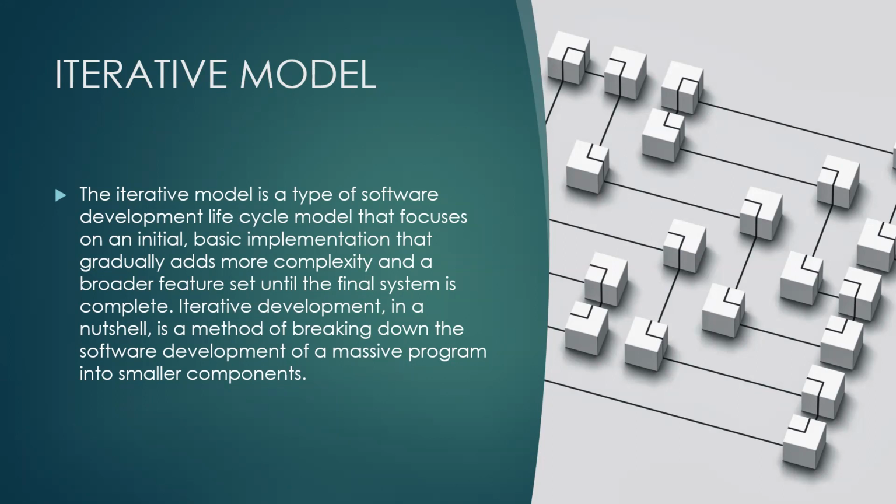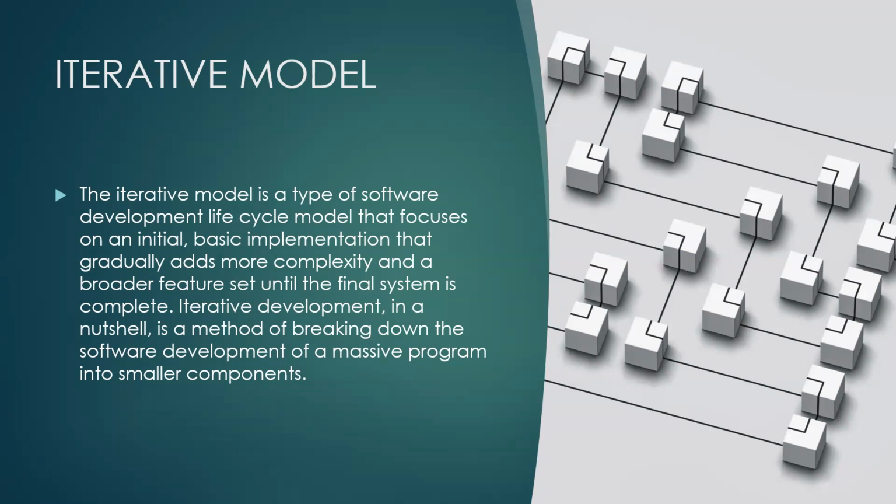In the iterative model, it is basically used for large projects. The large project will be developed in multiple iterations. The product will be divided into multiple components, and those components will be developed.